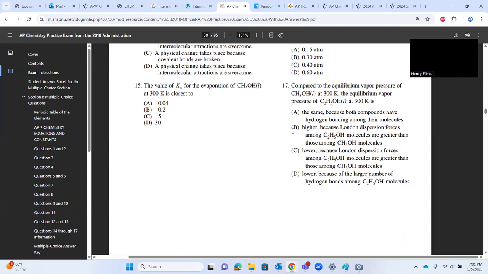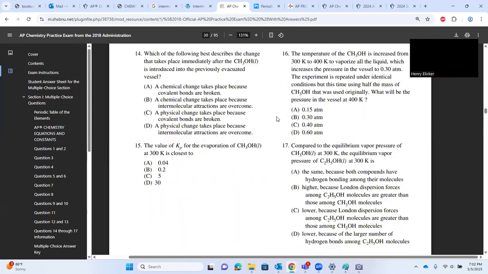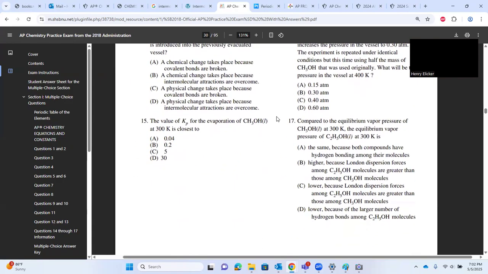Compared to the equilibrium vapor pressure of methanol at 300 K, which is what this represents, what is the equilibrium vapor pressure of the other chemical at 300? Well, some considerations here. Remember, the more volatile your chemical is, the higher the vapor pressure, because more molecules are gaseous, and more gas molecules equals more pressure.